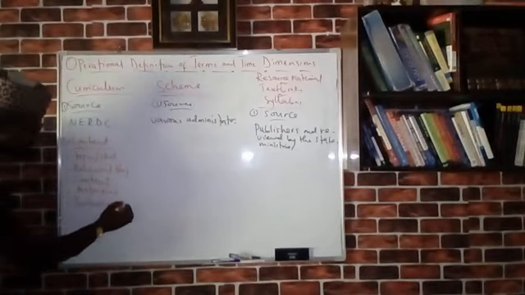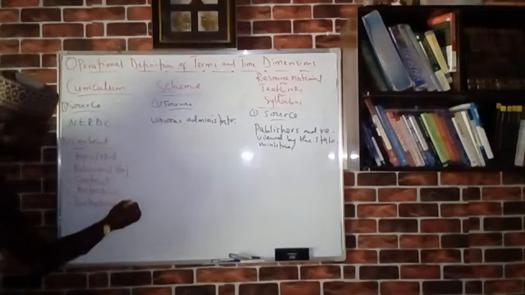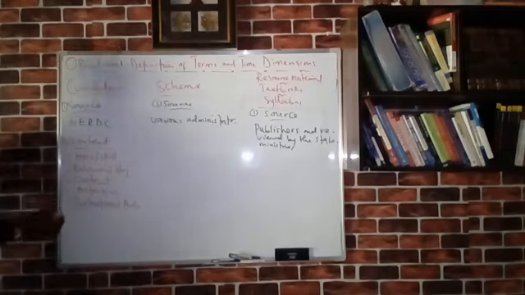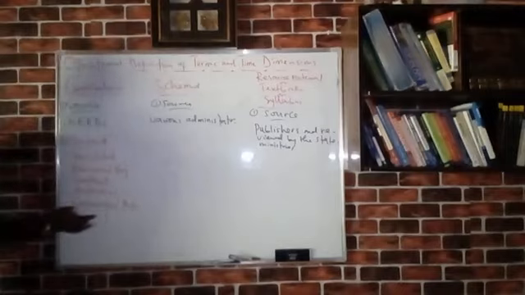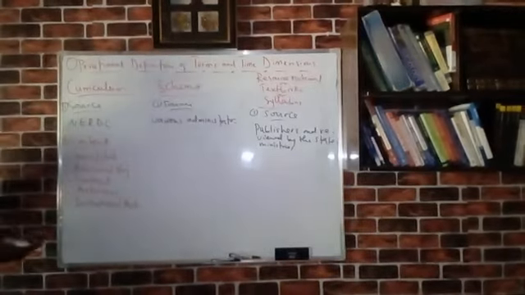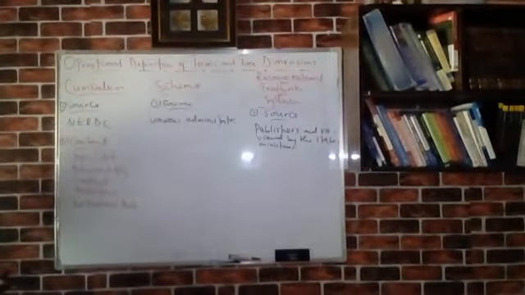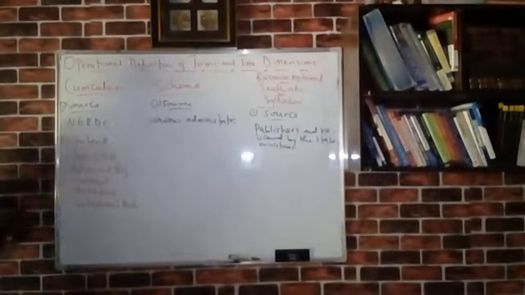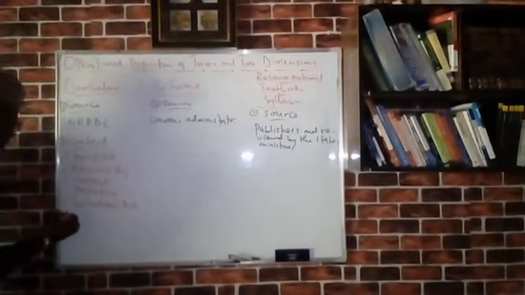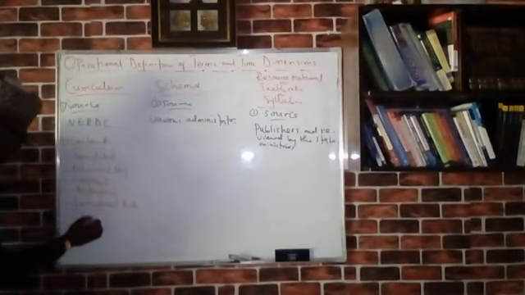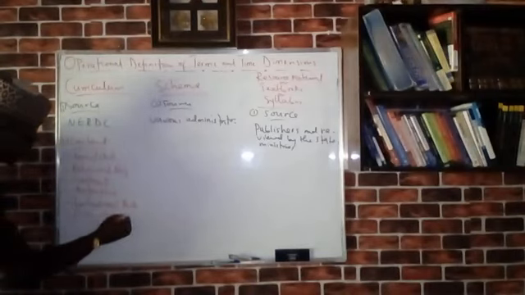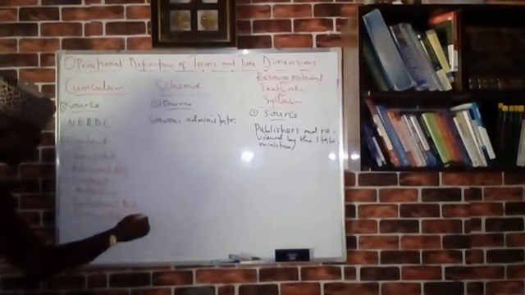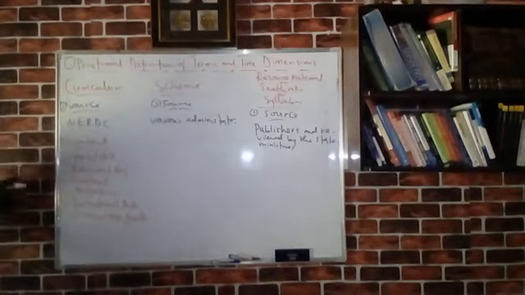Instructional aids. Let's use that word for now. Later on, we will come to demystify the difference between instructional material, instructional aids, and learning materials. Okay. Then it contains evaluation guide. It contains evaluation guide. Okay.